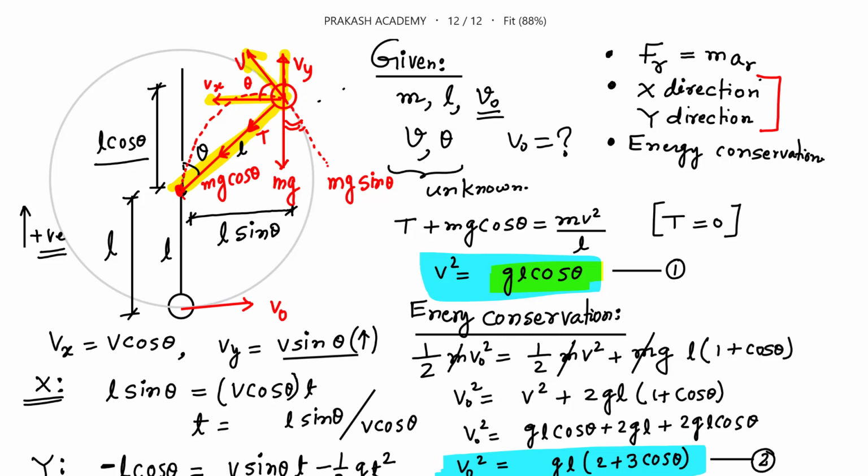Basically this is not an inclined plane. This is the line joining the point of suspension and the ball from where it loses the tension. So try to write equations of motion along this line, taking the component of velocity and component of gravity, and try to solve this problem.